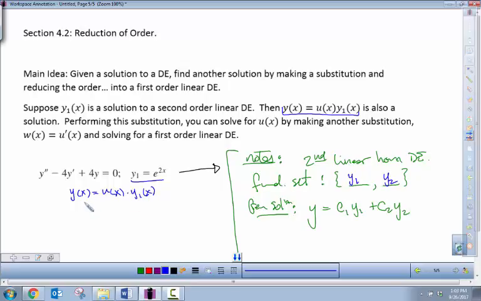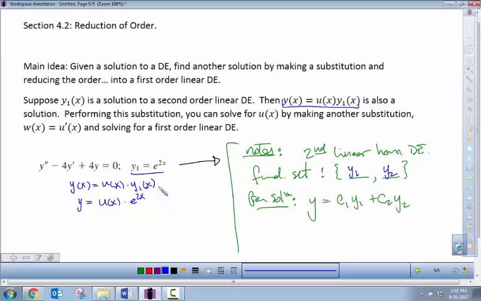I just wrote that thing over: u of x times e to the 2x. Maybe I needed more space for this problem.